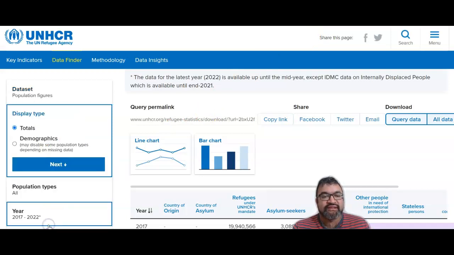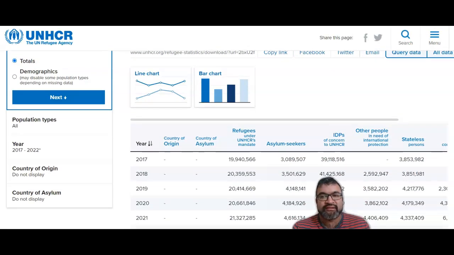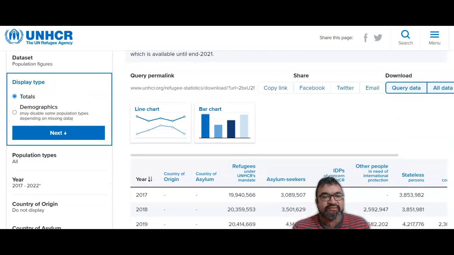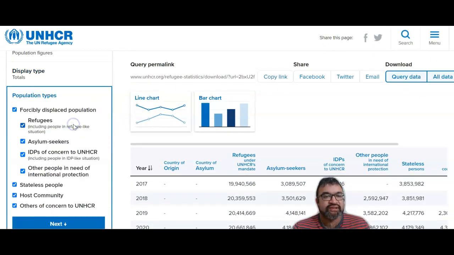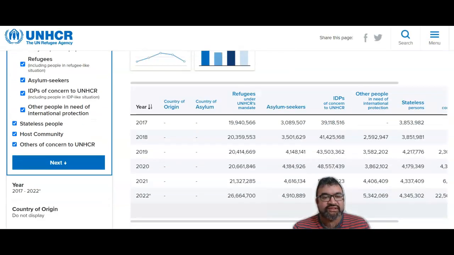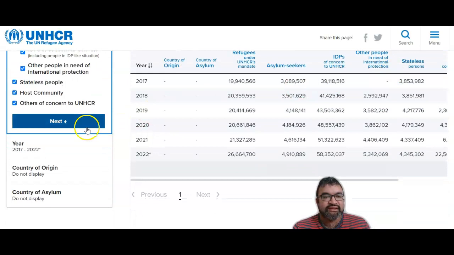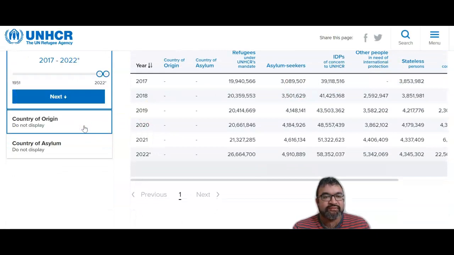So this is very important data. So you want to explore this further. Totals, and then forcibly displaced, all the categories are selected. And this is where it's going to be important.